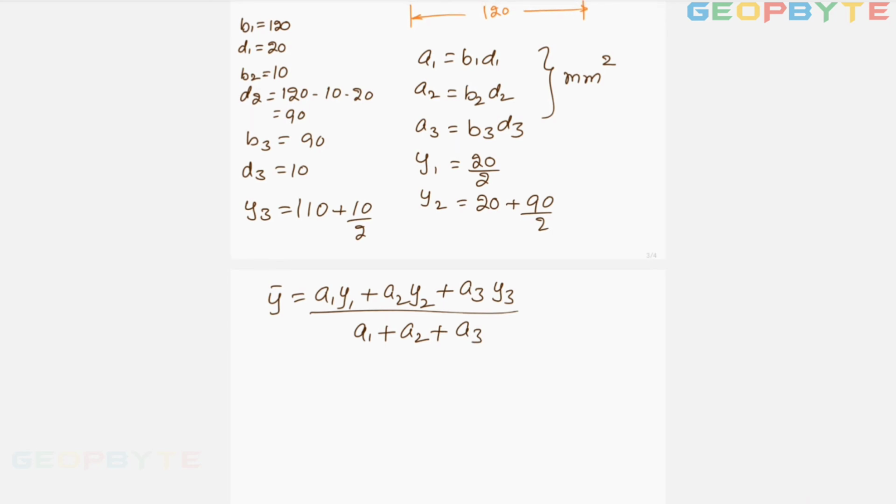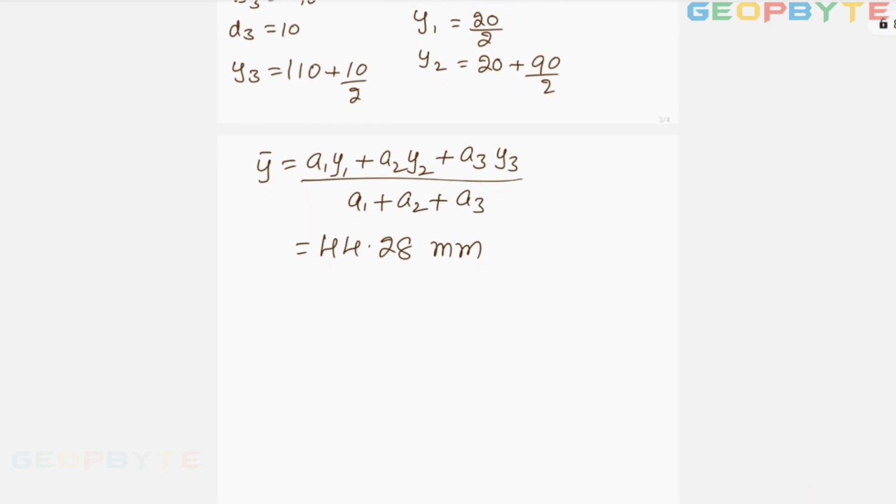Now the y bar you may be getting around 44.28 mm when you substitute all the values. Now let us find the moment of inertia about x-x axis.